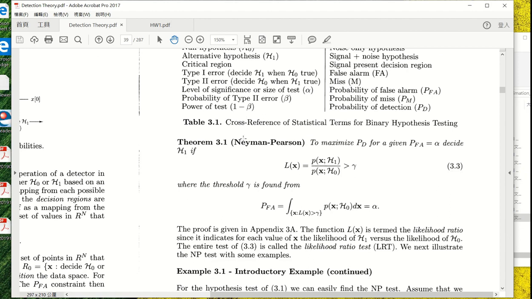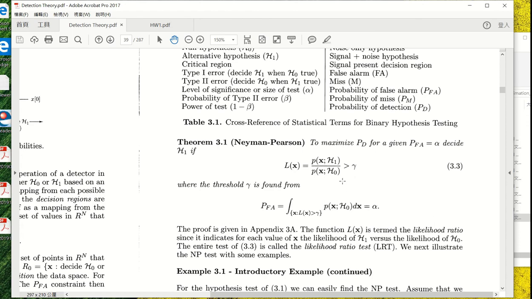The Neyman-Pearson approach is to say that we want to maximize PD for a given PFA. In other words, this PFA is false alarm, right? By the name of false alarm, it's something no good. So what we want to do is avoid that false alarm.